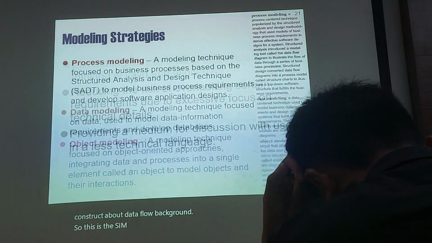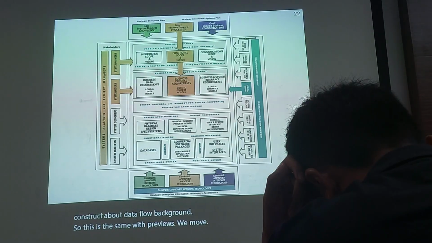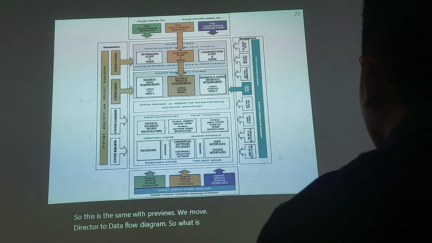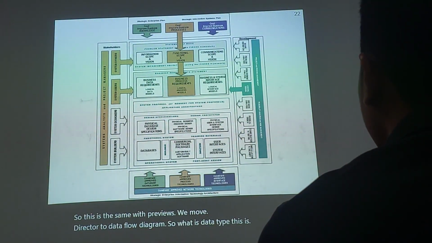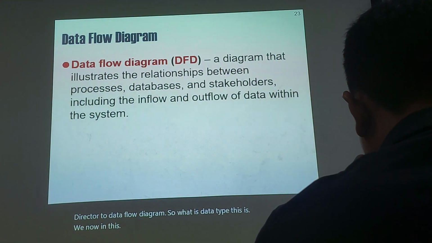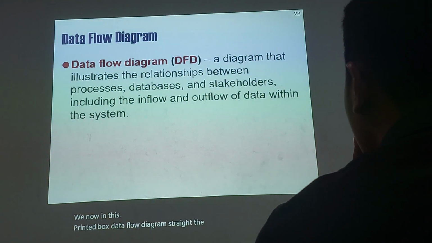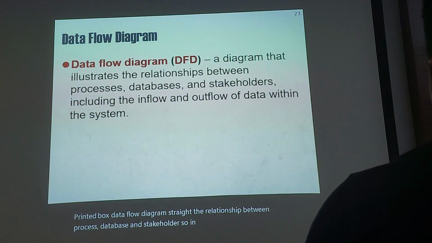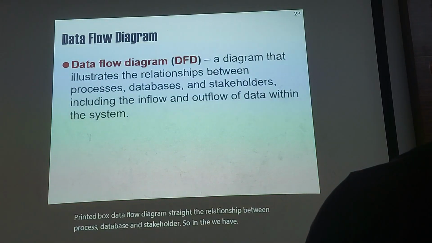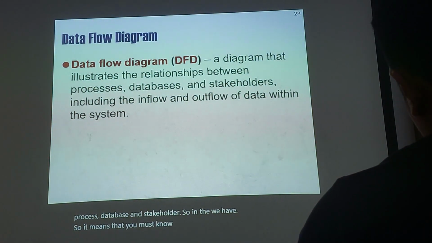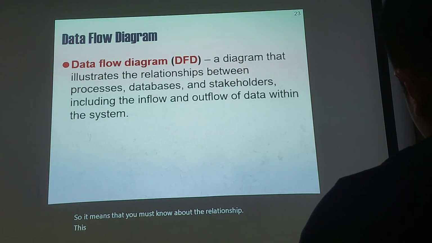A data flow diagram illustrates the relationship between process, database, and stakeholder. So in a data flow diagram, we have a database. It means that you must know the relationships, which is in the previous section.